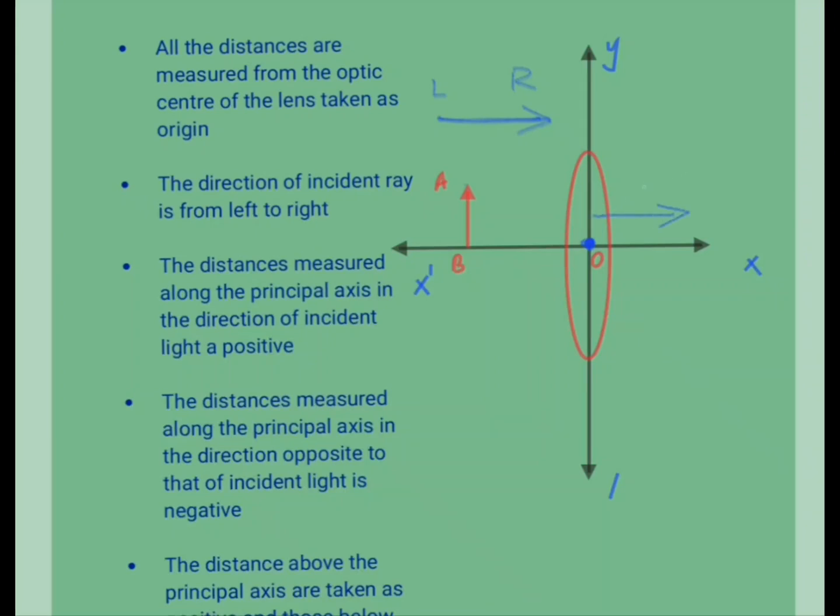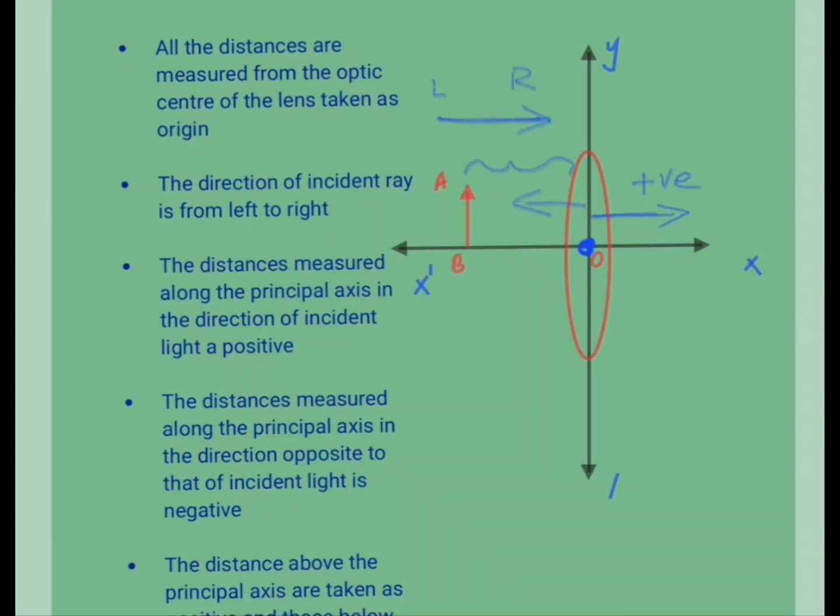isn't it? So that will be taken as positive, because when we are taking measurement on this portion, you will be measuring in the opposite direction, isn't it? Because we have to start measuring from the origin. So only those measurements which lie on the right side of the optic center will be taken as positive.